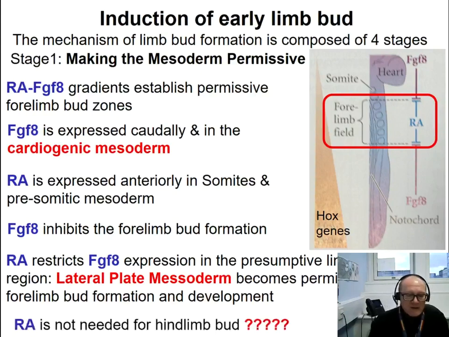In fact, it is not known what is the very early determinant of the position of the hindlimb in vertebrates, or what permits the lateral plate mesoderm in the posterior region of the body to become limb. What we know is that retinoic acid is not necessary in that region.